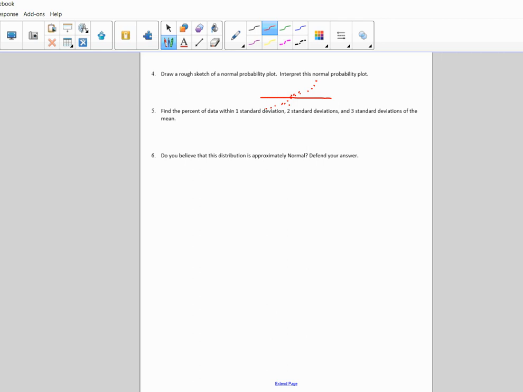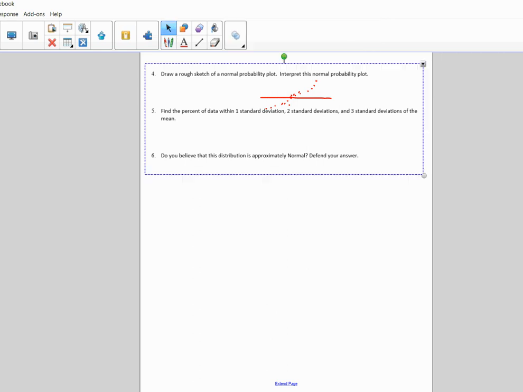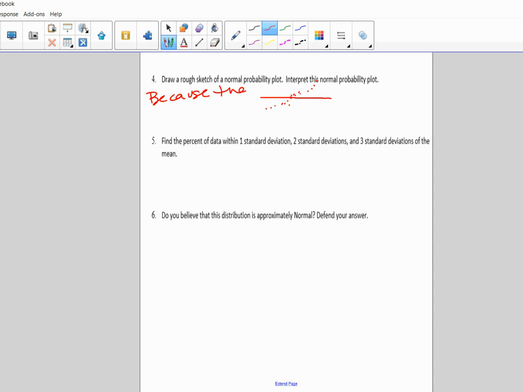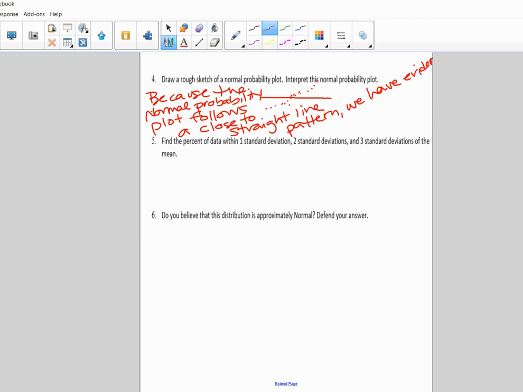Interpret this. Because the normal probability plot follows a close to straight line pattern, we have evidence to say that the distribution of test scores is approximately normal.